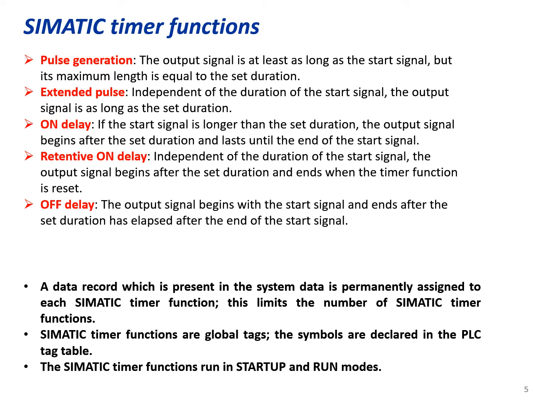SIMATIC timer functions are global tags. The symbols are declared in the PLC tag table. So same as any other instructions and variables like Boolean contacts and coils, it will be listed in the tag table. The SIMATIC timer functions run in the startup and run modes.